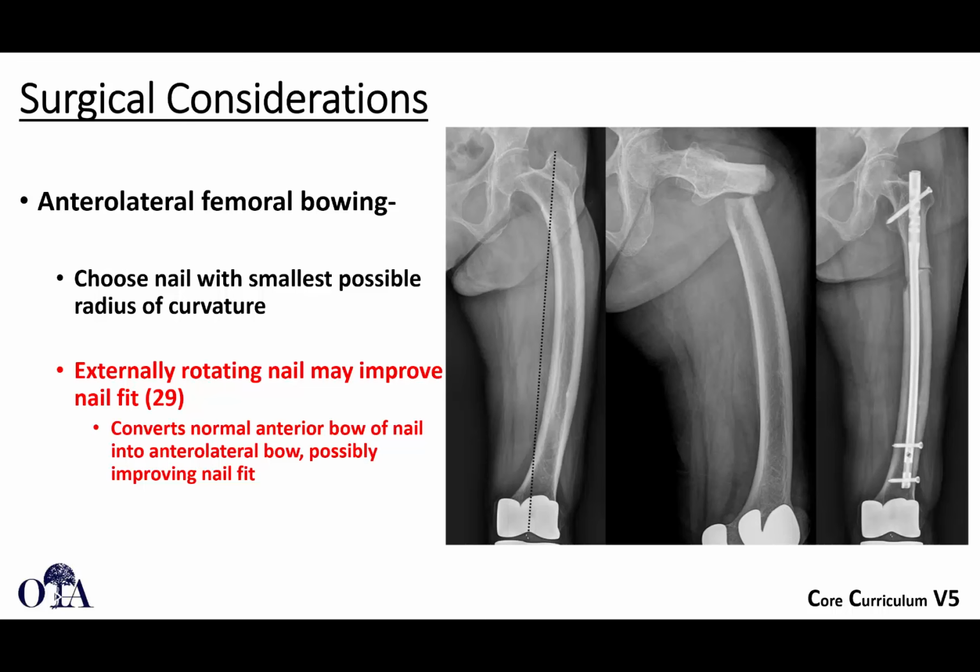For example, here's a nice example showing that you may need to externally rotate the nail. There's a very bowed femur, and if you try to just put a straight nail in, you can see how it's going to be a problem. So of course you put in a nail with a radius of curvature to help accommodate this. But we don't have every radius of curvature out there.